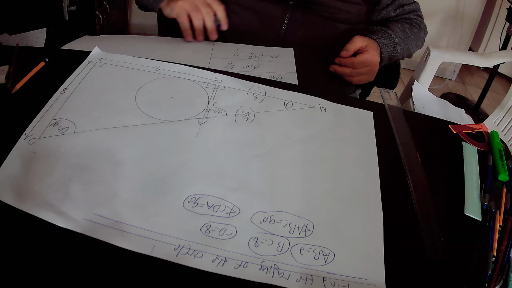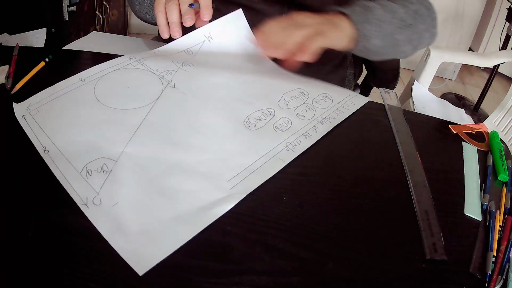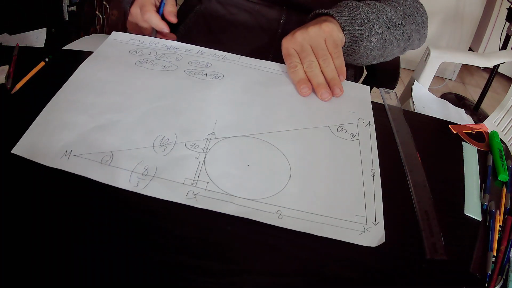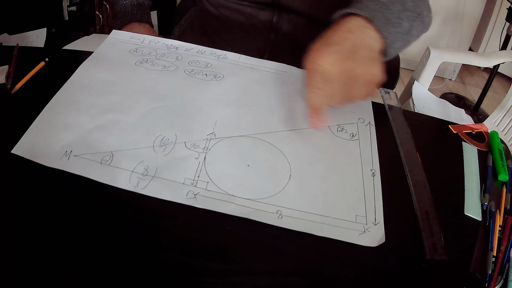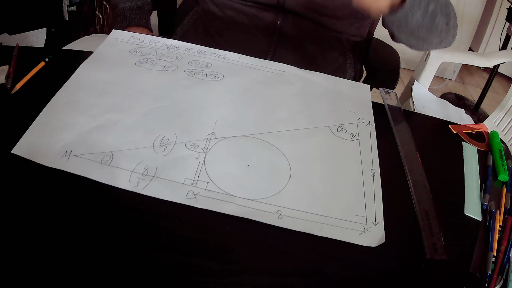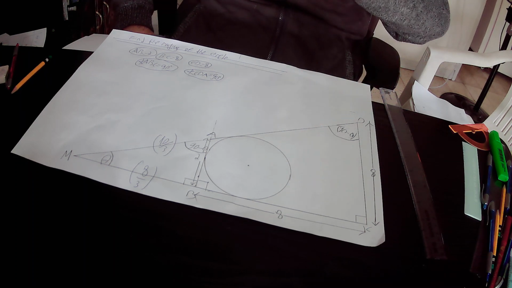In the next step, we will do another construction. That is to say, we'll draw a perpendicular on side BC in such a way that the perpendicular on BC will also be tangent to this circle. It is absolutely possible. Why?